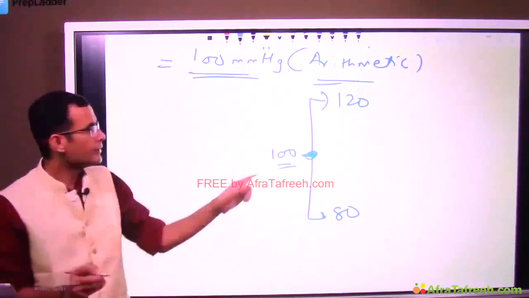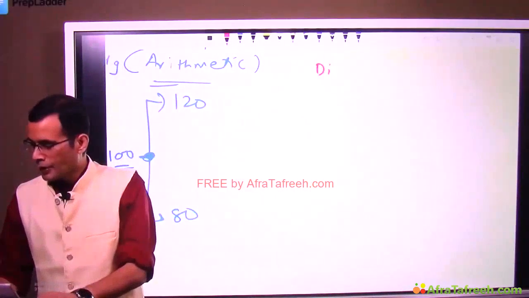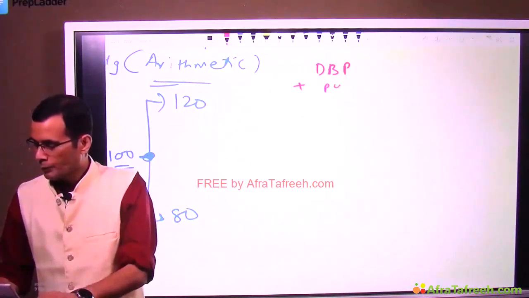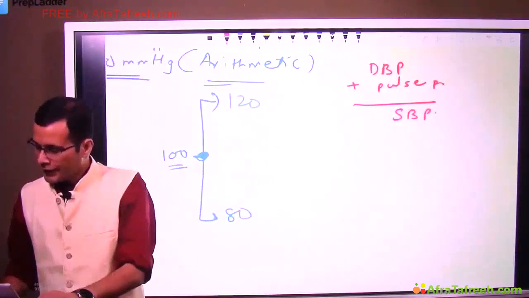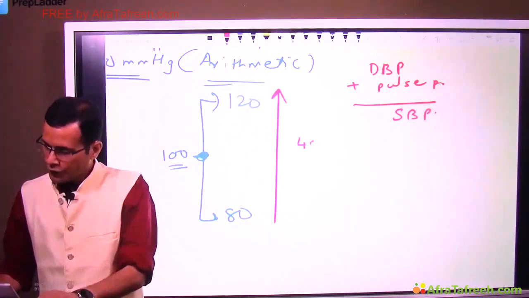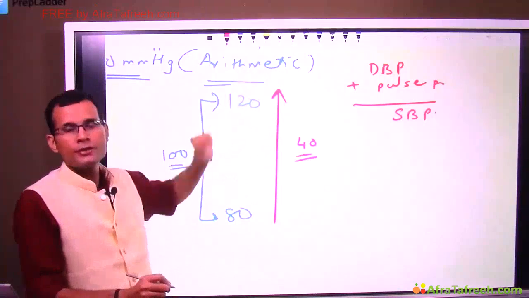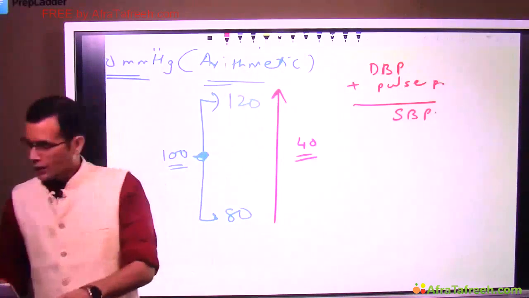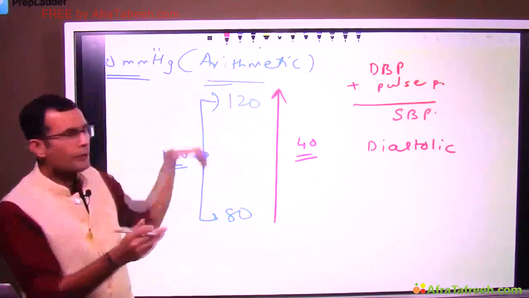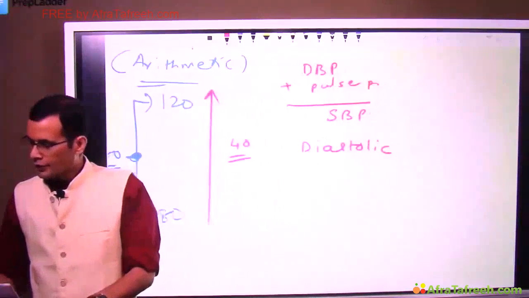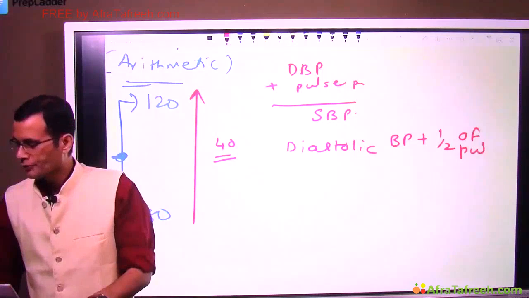And how do you reach this 100? I told you some time back, diastolic BP plus pulse pressure is equal to systolic BP, isn't it? 80 plus 40, you reach systolic blood pressure. Now, if you have to reach the halfway mark, exact equidistant between the two, then diastolic BP plus half of pulse pressure.